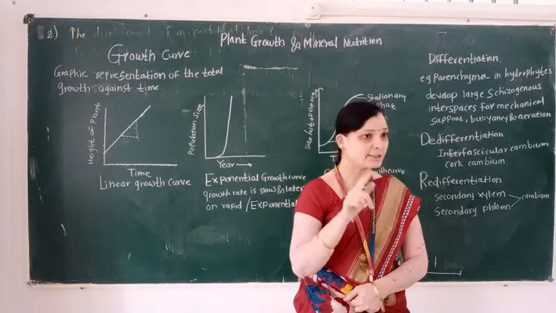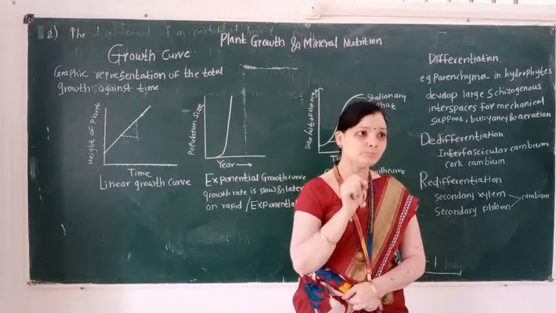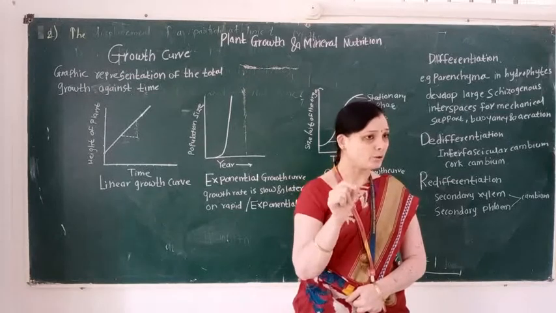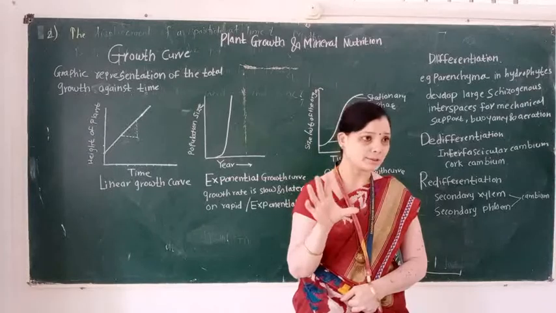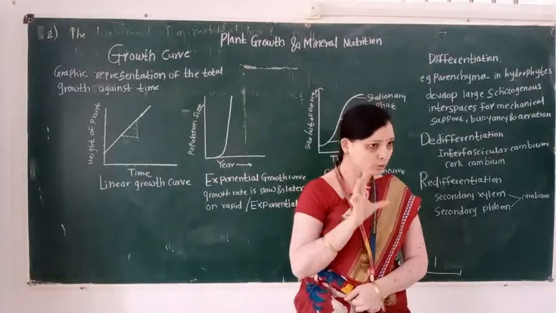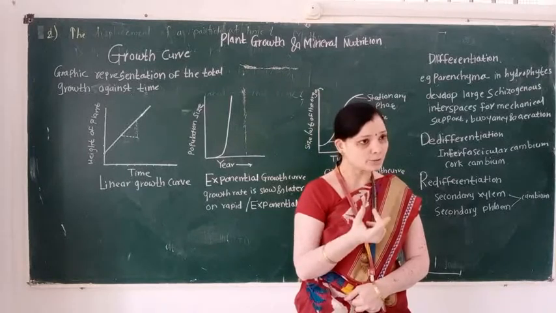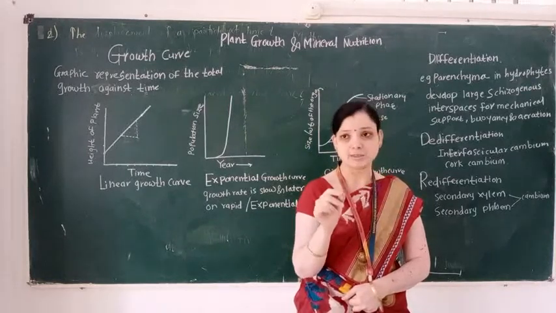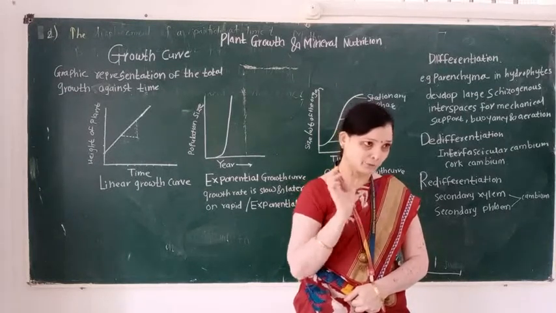In arithmetic growth, meristematic tissue undergoes mitotic division and forms two daughter cells. Out of the two daughter cells, one cell again undergoes division and another cell gets differentiated and matured.